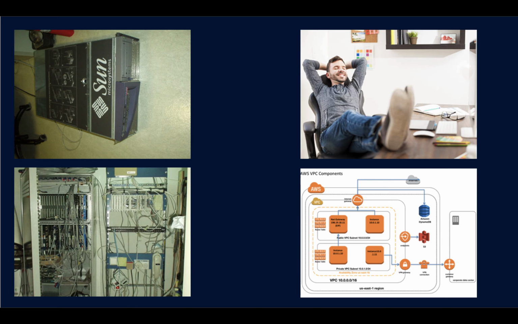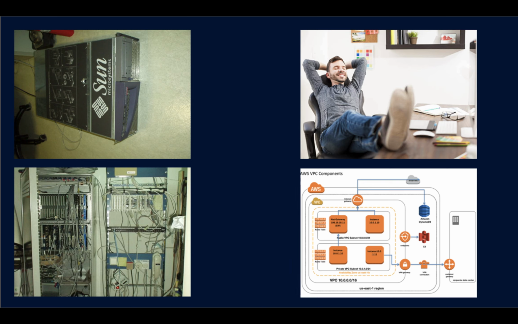So I'll look back a little bit to my days before the cloud, starting from the top left, the kind of servers that I got used to managing, maintaining, and then moving down to the bottom left, seeing the kind of networking, the cabling, and the kind of things that I had to maintain and manage and set up.